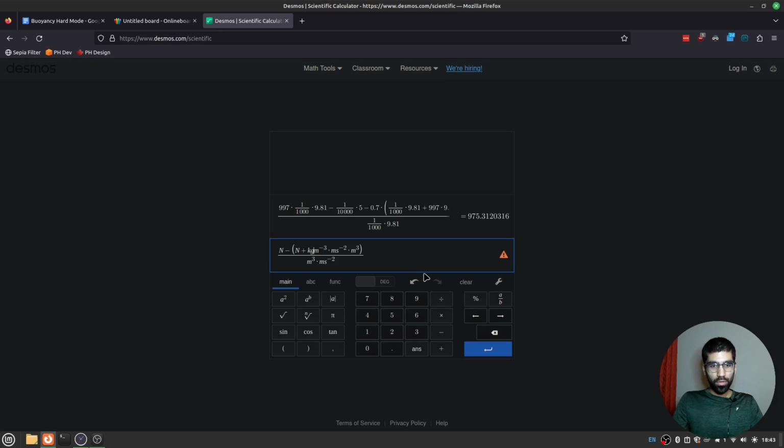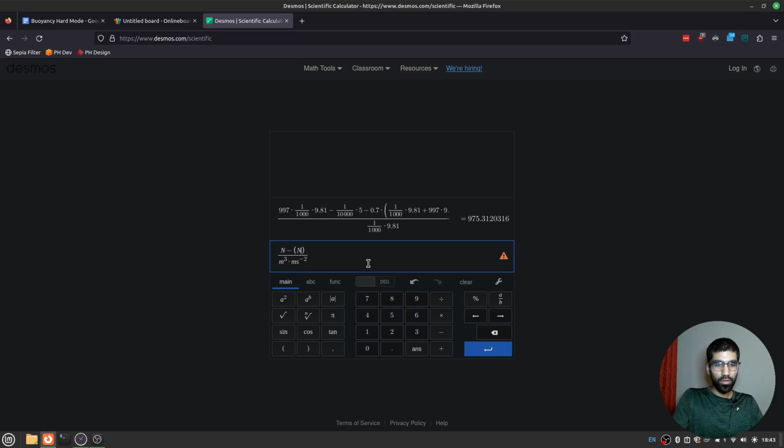Kilograms per cubic meter. Okay, this per cubic meter and this cubic meters, the multiplication and the division cancel out, so this cancels with this. Now we have kilograms times meters per second squared, again newtons. Newtons plus newtons is newtons. Newtons minus newtons is newtons.